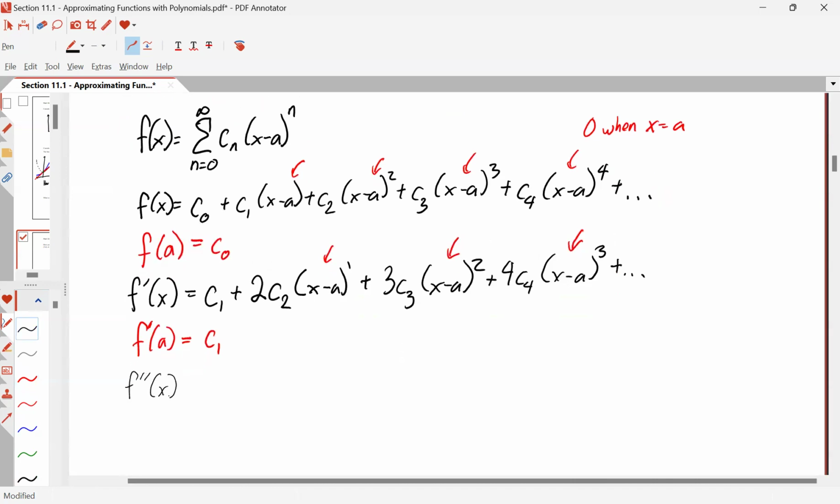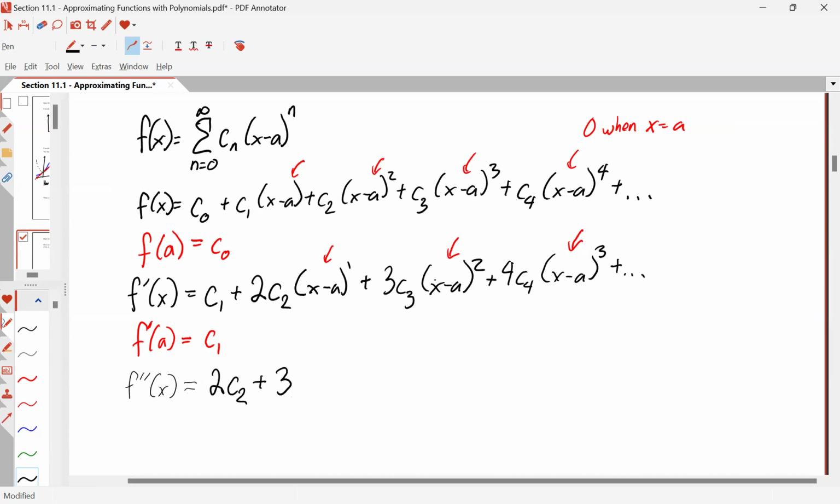Take the second derivative. The derivative of a number is 0. So when I take the derivative of 2 times c sub 2 x minus a to the first by the power rule, this will become 2 times 1 times c sub 2 x minus a to the 0. Well, the exponent becomes 0, so that goes to 1.